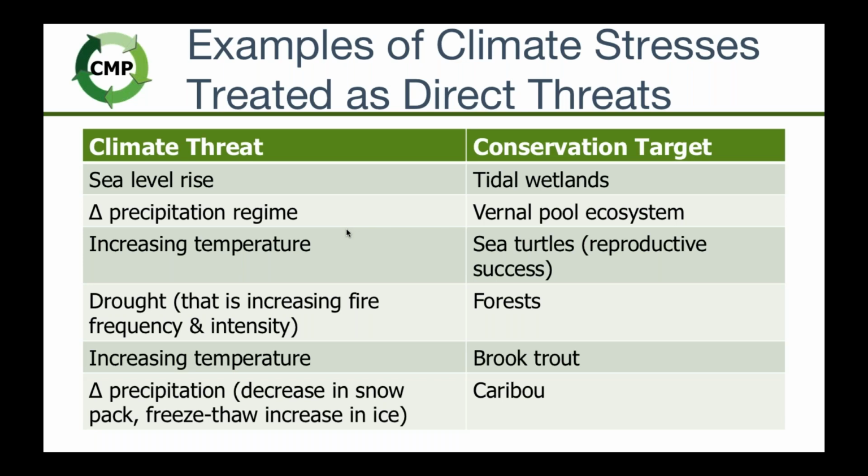But just a few examples of climate stresses that we're recommending to treat as direct threats and to rate as direct threats, like sea level rise as it affects tidal wetlands, change in precipitation regime as it affects vernal pool ecosystems, increasing temperature as it affects the reproductive success of sea turtles, drought affecting forests, increased temperature affecting brook trout, change in precipitation, particularly decrease in snowpack and freeze thaw, increase in ice affecting caribou.